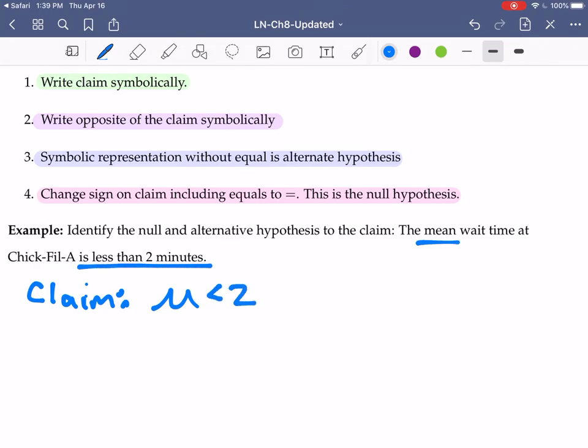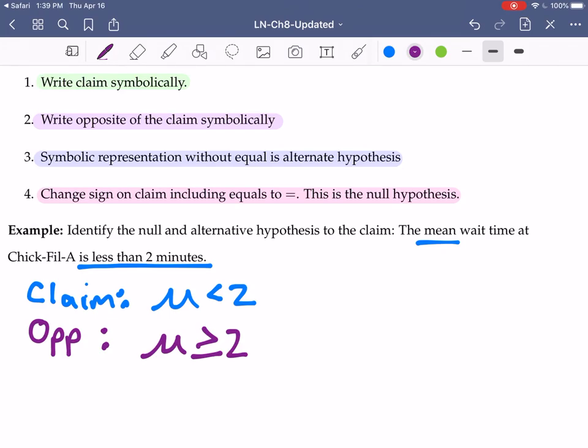So mu is less than 2. So we identify the claim, then we identify the opposite. The opposite of the claim is, no, it's not less than 2 minutes. So if it's not less than 2 minutes, it is greater than 2 minutes, or it's equal to 2 minutes. So that is the opposite of the claim.